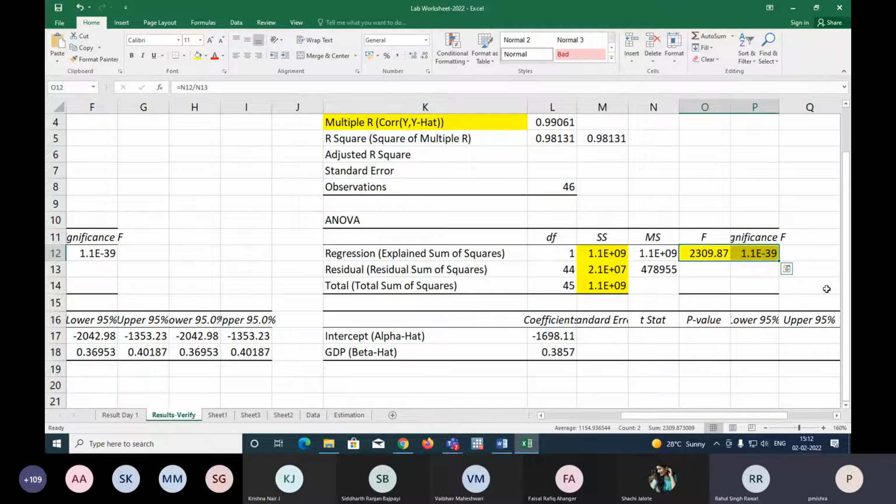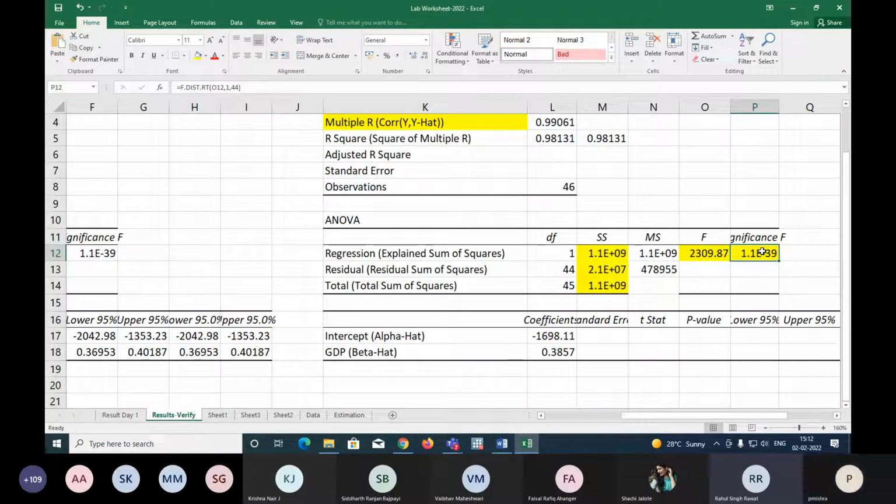So how are we carrying out the testing of hypothesis here? We are basically computing this value of the F statistic. Then we are using the F distribution to get the corresponding probability.